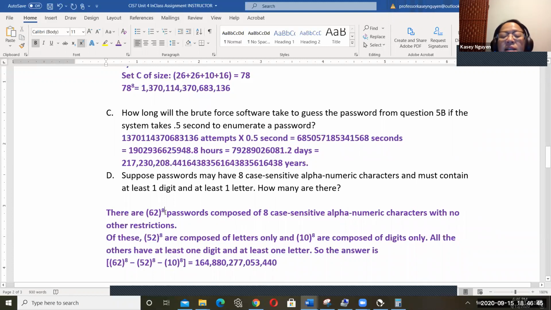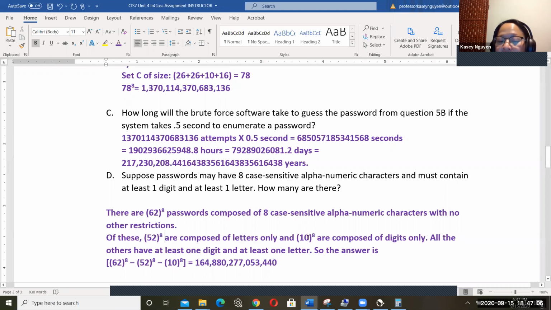That will be passwords with no restrictions. Then we would have 52 to the 8th power, which is composed of letters only. 26 plus 26 gives you 52. Then raise it to the 8th power.